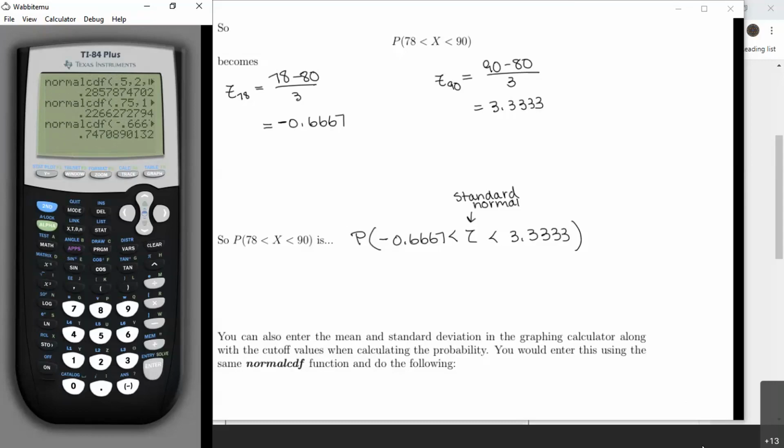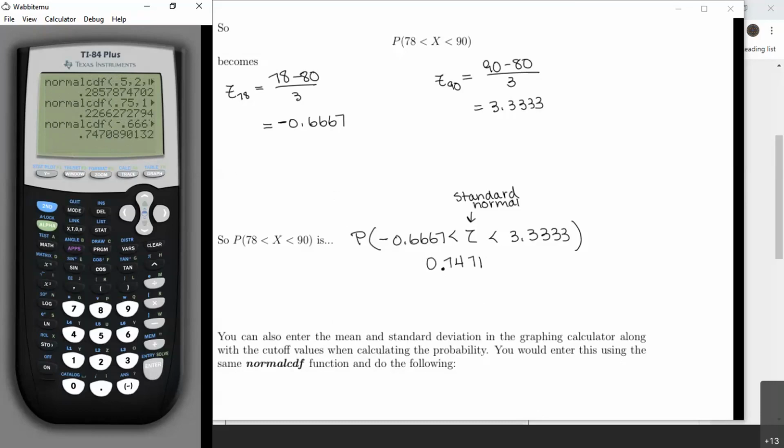I get a probability of about 0.7471 if I round this 0 up. Again, I'm keeping them all at 4 decimal places.